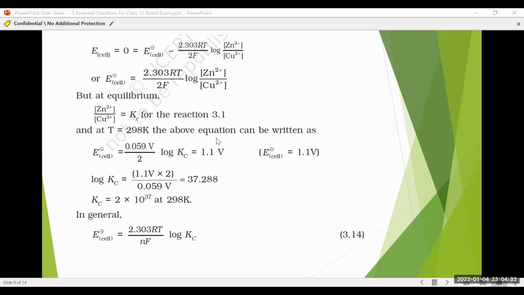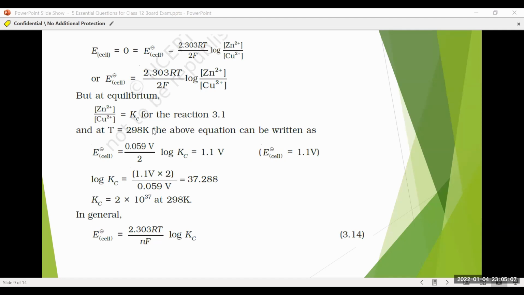The value of subtracting by using electropotential of zinc, that is minus 0.76, and copper is 0.34. अगर आप निकालते हैं E naught cell through that formula, E naught cell is equal to E cathode minus E anode. 0.34 minus, again twice minus comes 0.76, and add it, 1.1 volt will come. Same value is going to come even by this calculation, 1.1 volt.